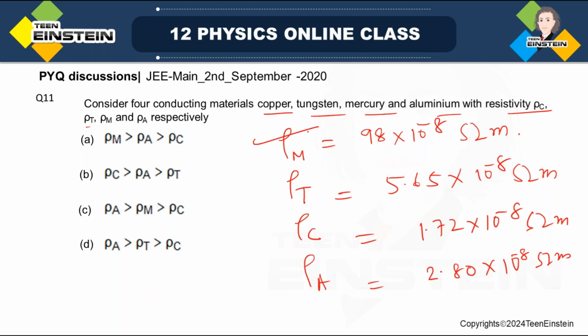So you can see mercury has the greatest. So you have mercury, aluminium, copper, that is fine. Copper, no, copper is not greater, less. Then aluminium, mercury, no. So first option will be the correct answer here.